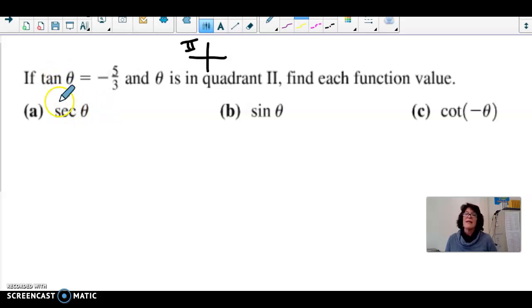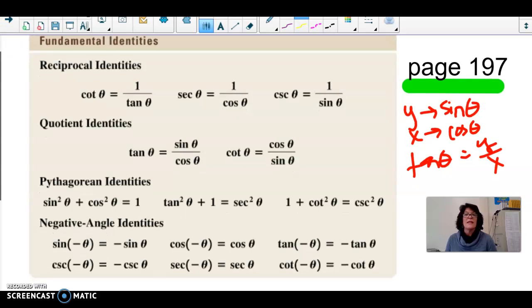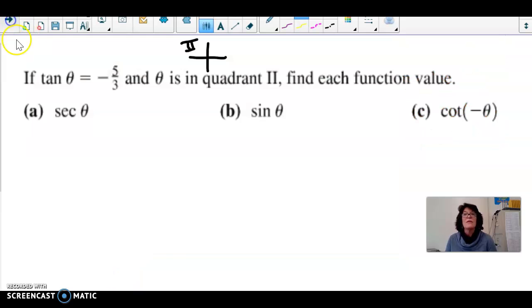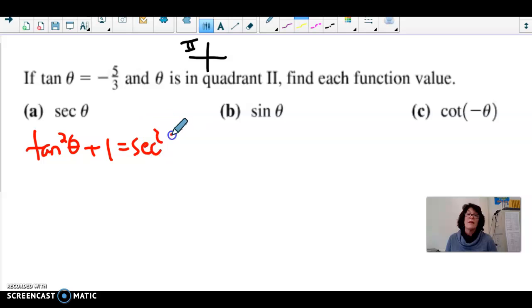So how can I get from tangent to secant? What I want you to start thinking of is this identity has tangent and secant right in it: tangent squared plus 1 equals secant squared. That's an identity we haven't used in a little while. But that's where we're going to head with this.